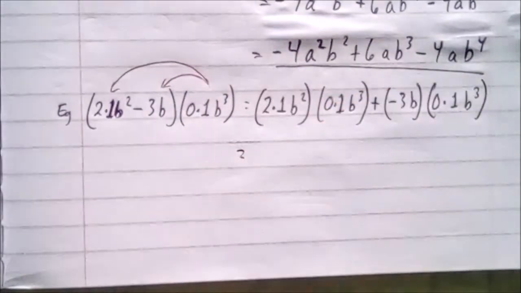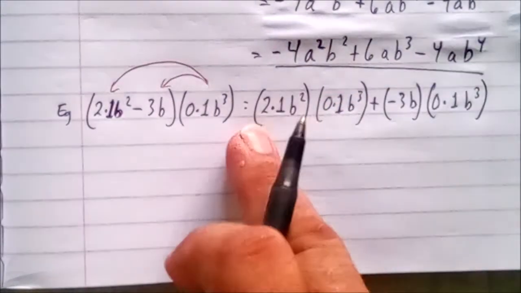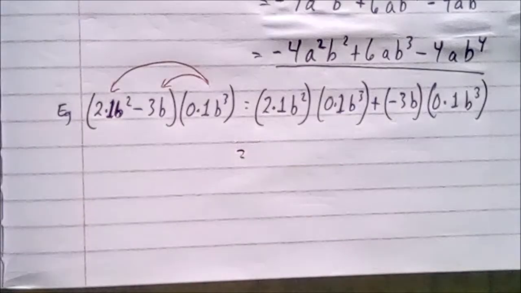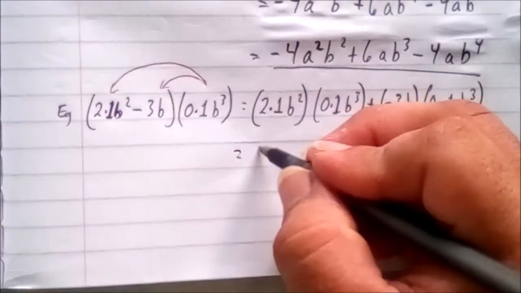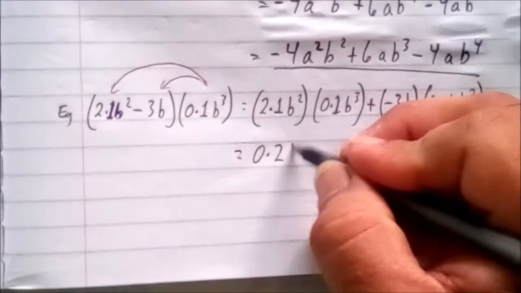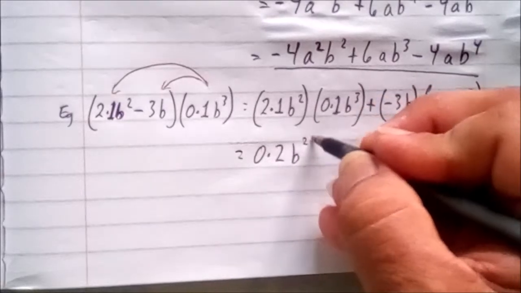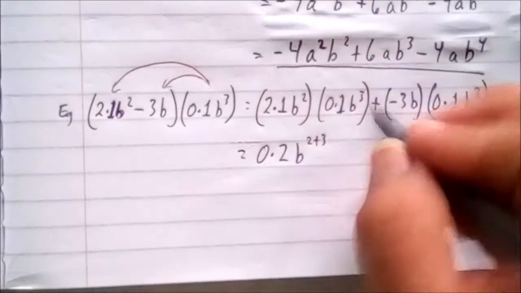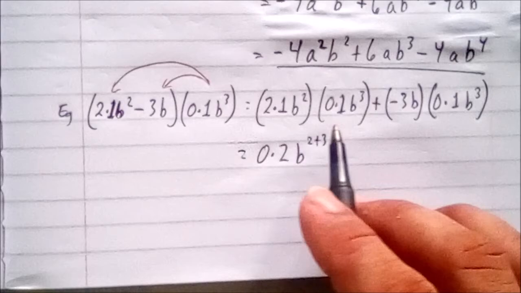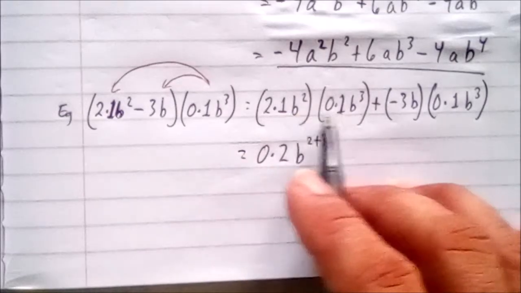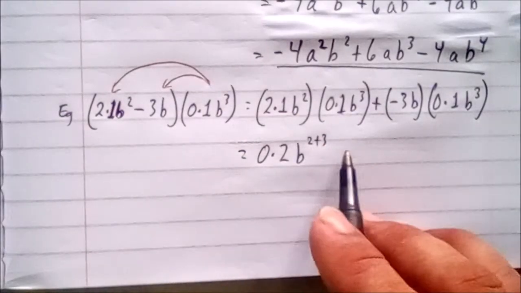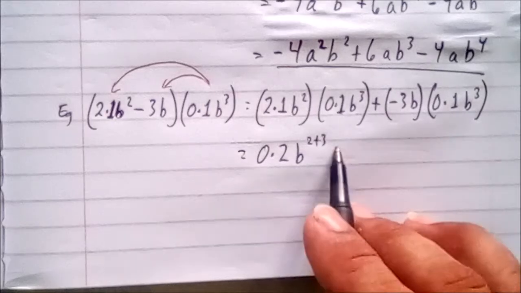Okay, so now I'm going to say now 2.1 times 0.1 will now give us 0.2. I put b squared plus 3. Why 2 plus 3? Because the laws of indices says that when you have the same base, you keep the base and add their powers. So we have a plus now.